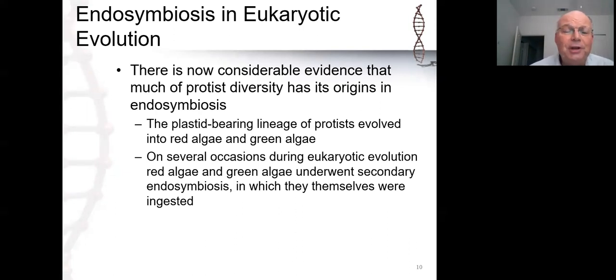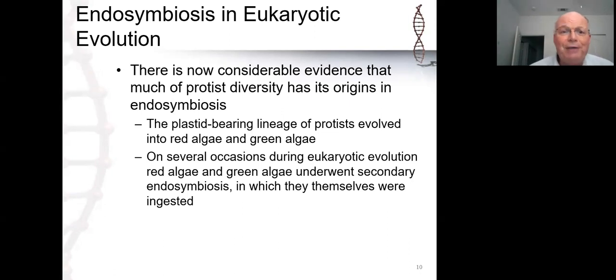They are still dependent on each other. Neither can live separately from each other. So there's the symbiosis. Chloroplasts come along second as an endosymbiosis of a cyanobacterium. And that would actually give rise to two separate lines of protists that are photosynthetic, the red algae and the green algae.